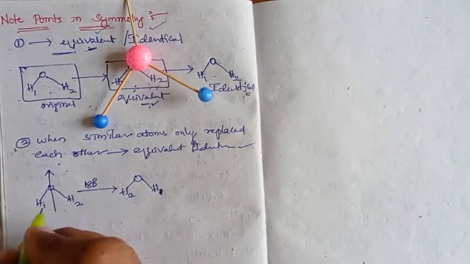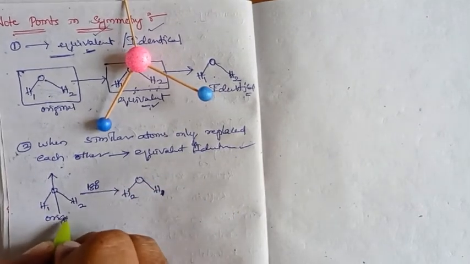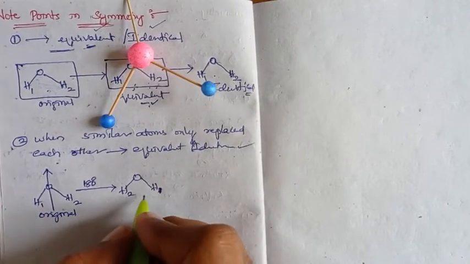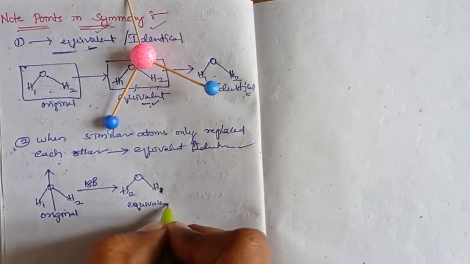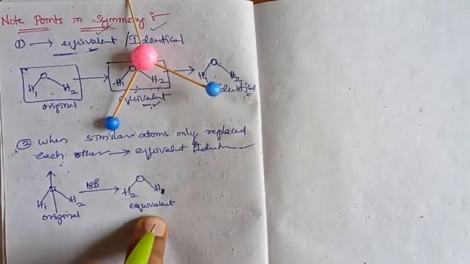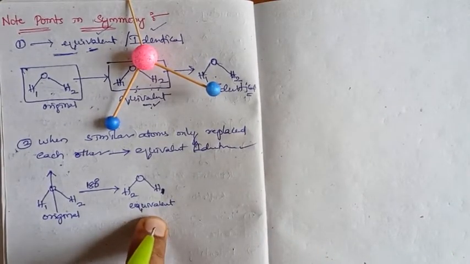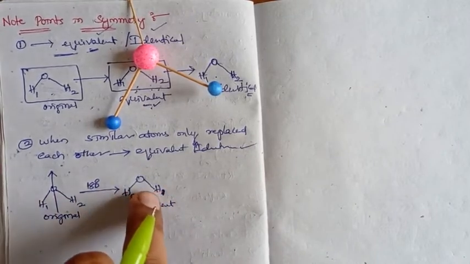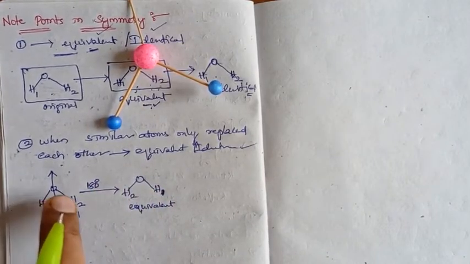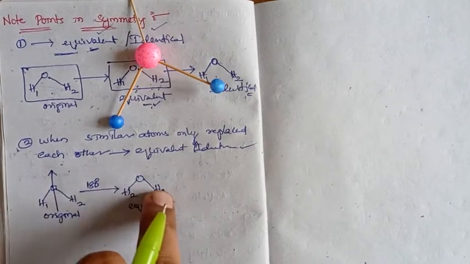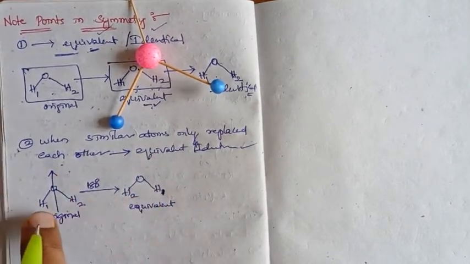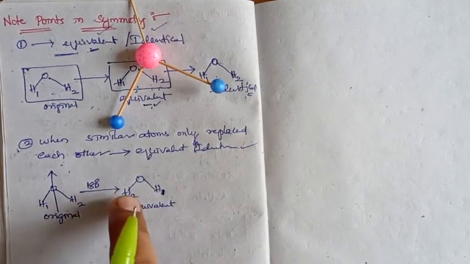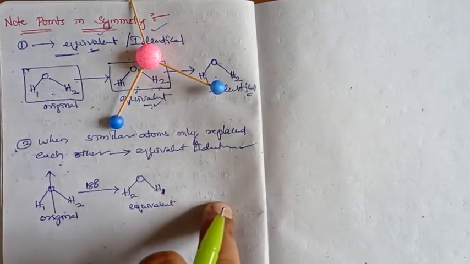When we compare the generated configuration with the original configuration, this is an equivalent or indistinguishable configuration, since it is similarly V shaped: top oxygen, down hydrogens, one hydrogen on the left and one on the right.